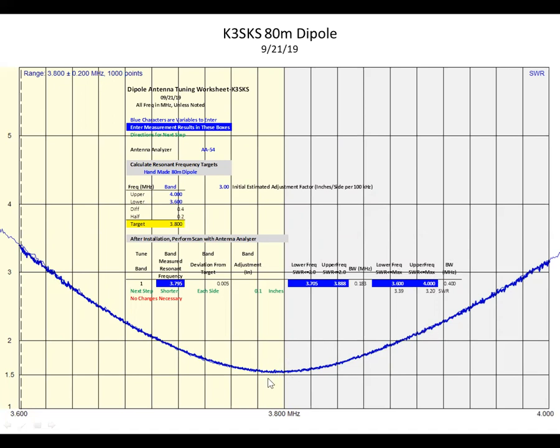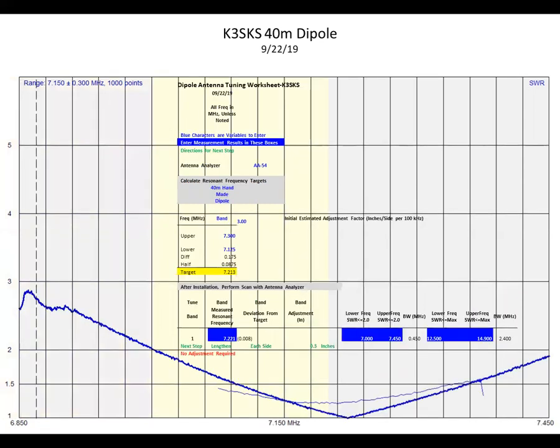Now, what I wanted to do was put the resonant point in the middle of the general section, which is where Judy was going to operate. So based on the first antenna measurement I took, I was going to have to move this point to here. So that's what I calculated, how much I had to shorten that dipole to get it to where I wanted it to be. Again, you don't have to calculate it. You could do some trial and error and tune it in just fine there too.